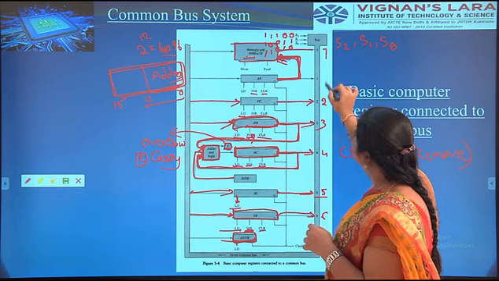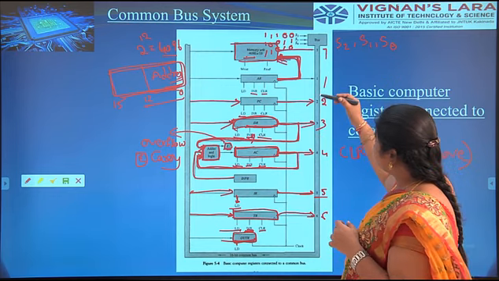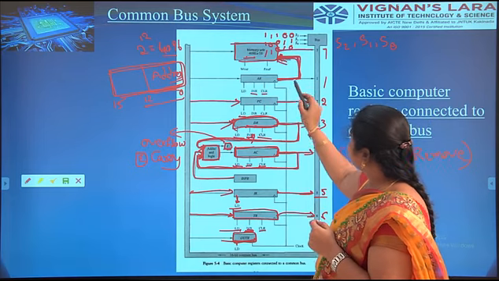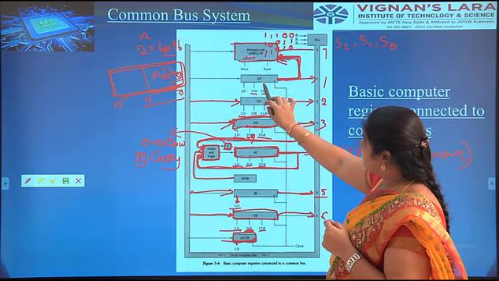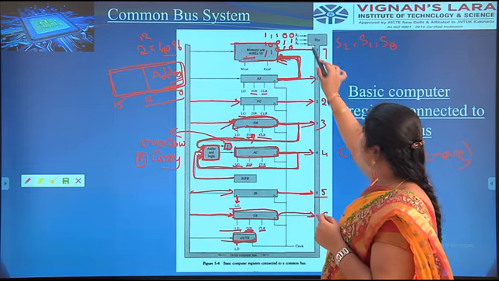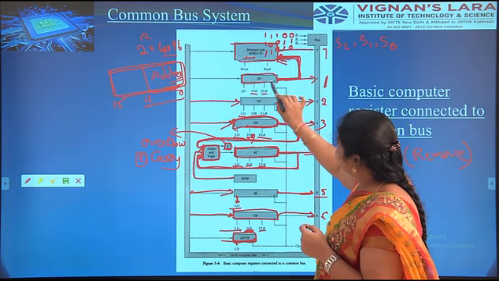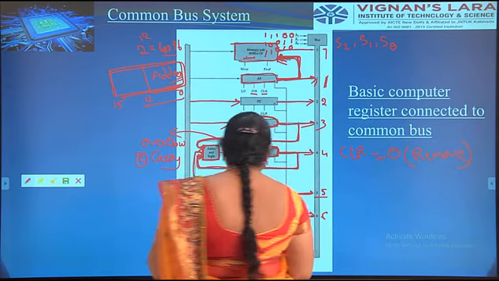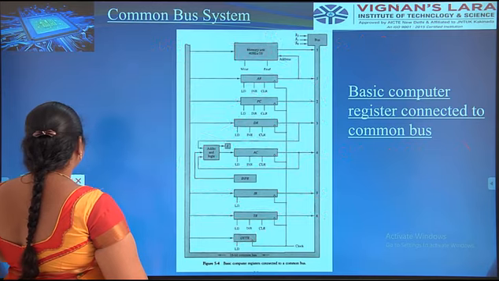Here the data can be transferred from one register to another register. The address register transfers the output or information to the common bus. This is known as the computer registers connected to the common bus.